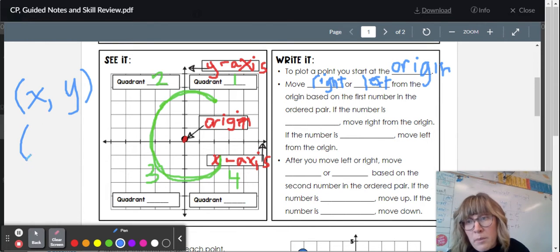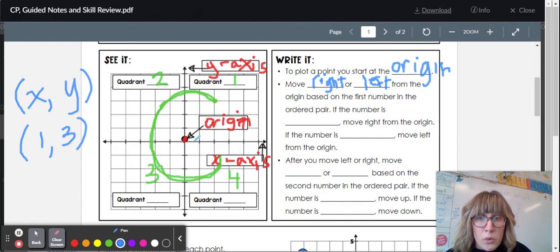So if your first number was a 1 and your second number was a 3, you would say, I'm at the origin, I'm going to move over 1. But I'm not going to stop there, because this is two-dimensional, so we have two numbers in our address.